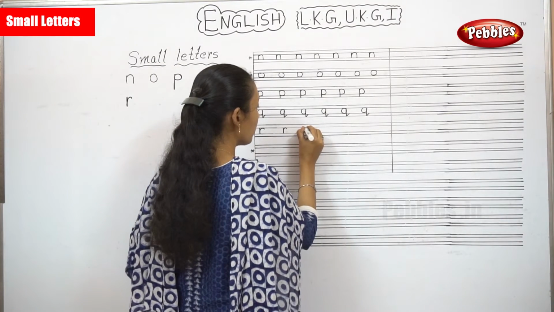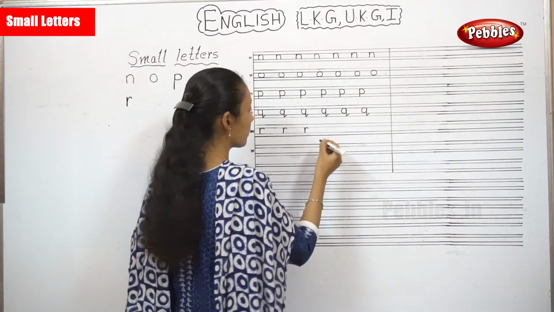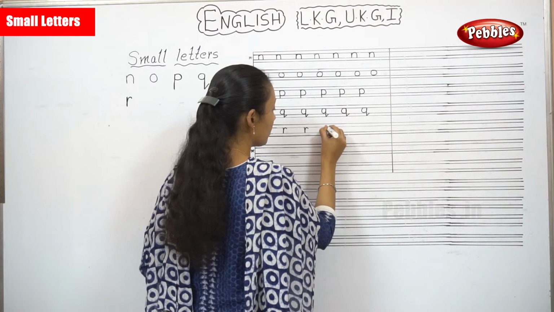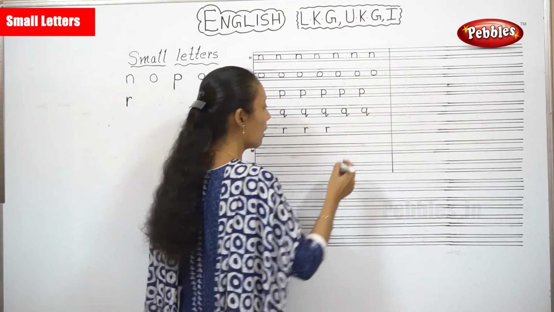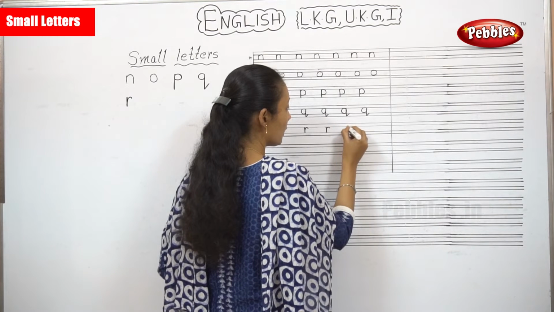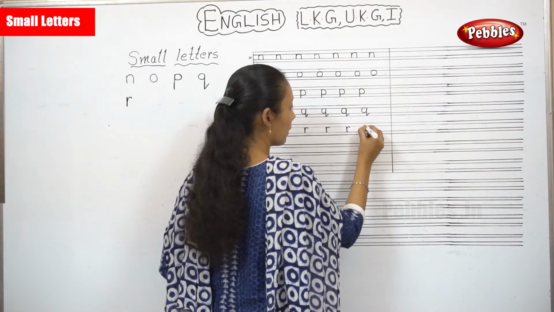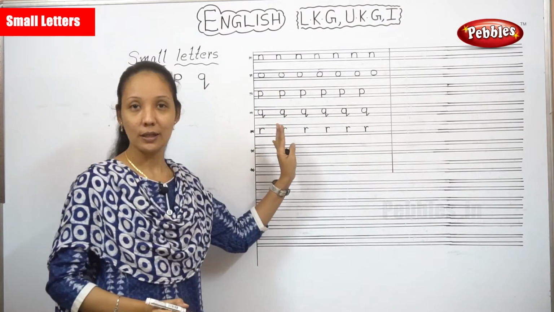You will use only your second and your third line. Same, your standing or straight line and curve, R. Once again, small r. Okay, so now we are finished with R.